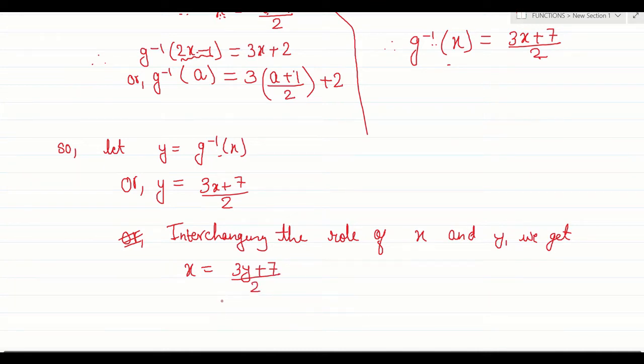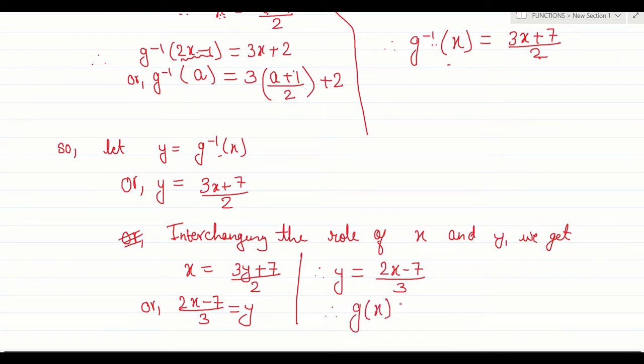Now we will solve it for the value of y. So, it is (2x minus 7) over 3 equal to y. Therefore, y is equal to (2x minus 7) over 3. This y is obtained after interchanging the roles of x and y, so this y will now represent g(x). Therefore g(x) is equal to (2x minus 7) over 3. So we have found g(x).